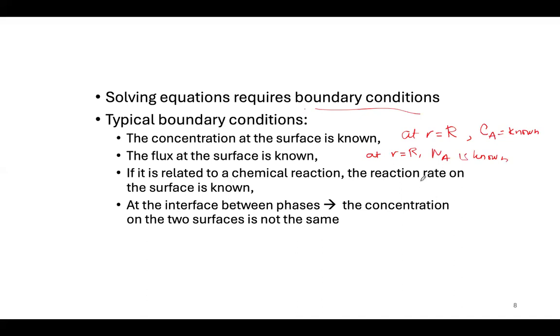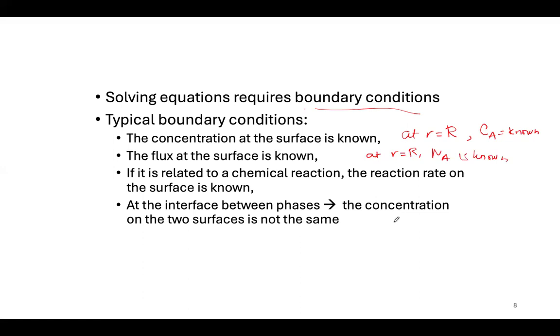Sometimes, if there is a chemical reaction, the reaction rate is also known, because the reaction rate will affect the rate of accumulation of the product, or the rate of consumption of the reactant. And then the last one, at the interface between phases, the concentration of the two surfaces is not the same.